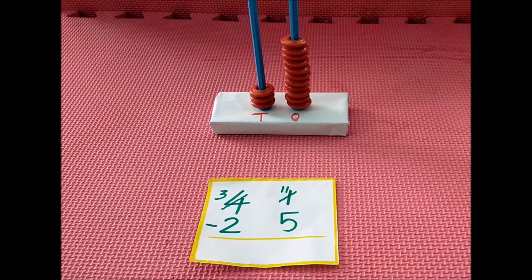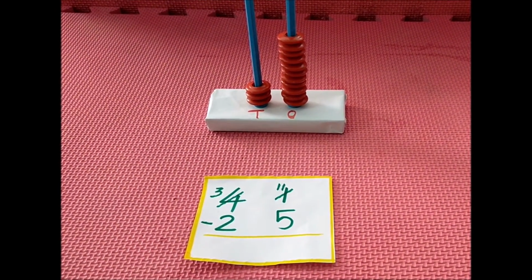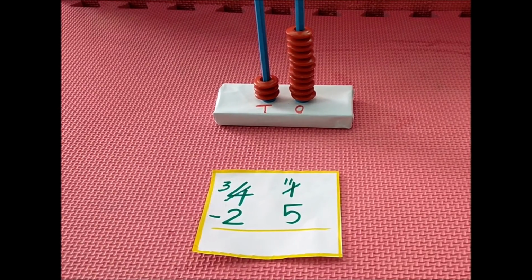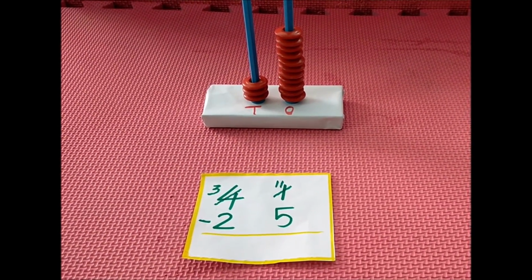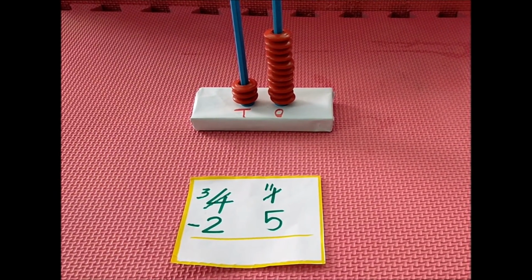So now we are having 11 ones in ones column and 3 tens in tens column. So now we can subtract 11 minus 5.